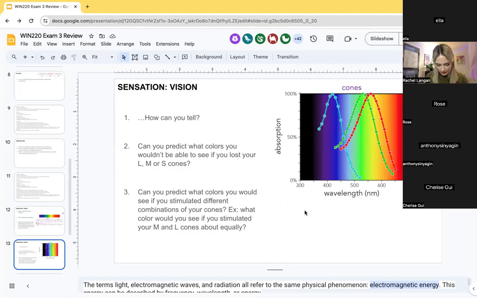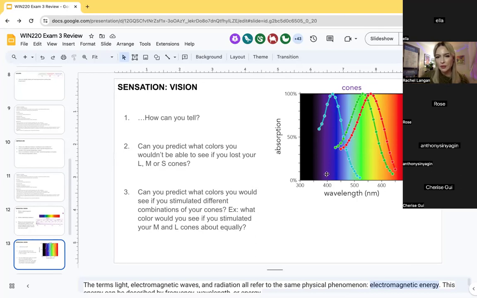With our cones, we also have the extra ability of color vision, because our eyes with these different types of cones can now compare the relative activity of these different photoreceptors and then say, what is the ratio of each of the wavelengths that we're looking at, right? So the reason why we don't have color vision at night is because the only photoreceptor online at night is the rods.